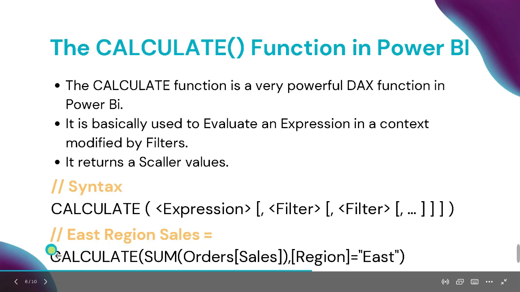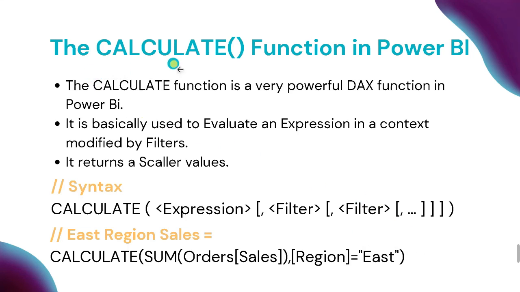At that time you have to write this CALCULATE DAX function. So CALCULATE, and inside the bracket you write SUM, then pass the column name, close the bracket, give a comma, and after that specify the filter, that is region equal to East. In this way we can use the CALCULATE DAX function in Power BI. Remember, this is one of the most important DAX functions.